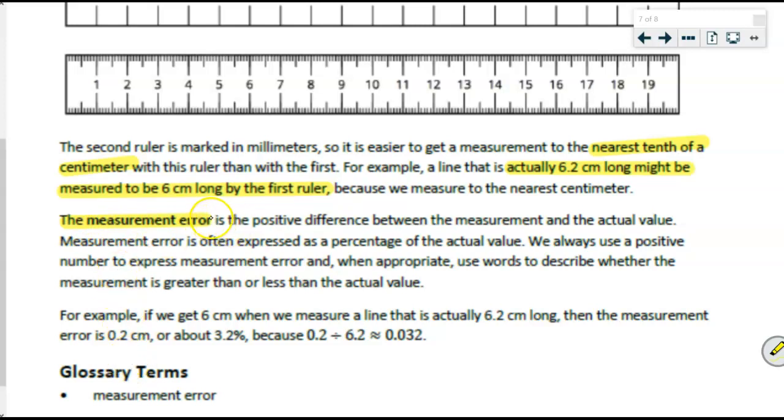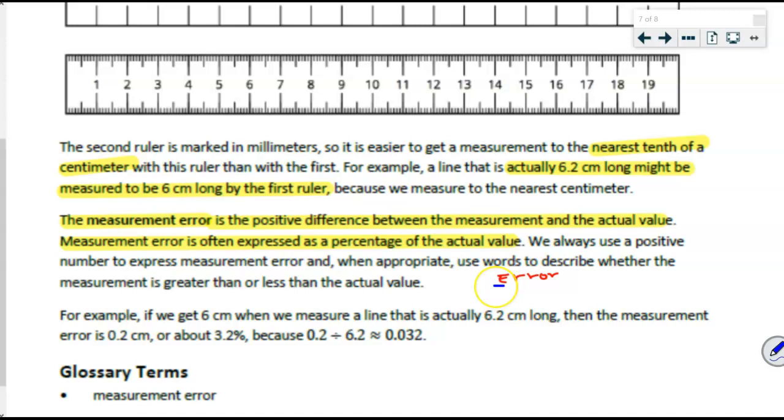Measurement error is the positive difference between the measurement and the actual value. But measurement error is usually expressed as a percentage of the actual value. What that means is we find how far off the measurement is, and we call that the error.